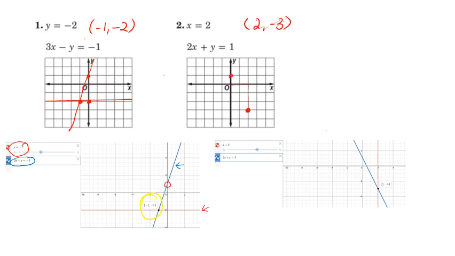And then x equals 2 is just a vertical line, so that only has an x-intercept. All right, so let's graph that line. And then we'll graph that line. Okay, so again, 2, negative 3 works in both equations. And you can use Desmos as a tool to graph your lines.